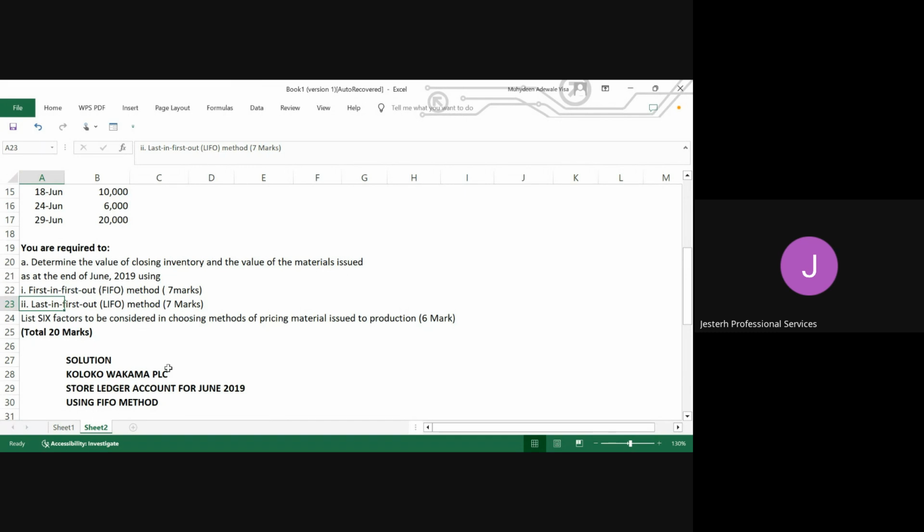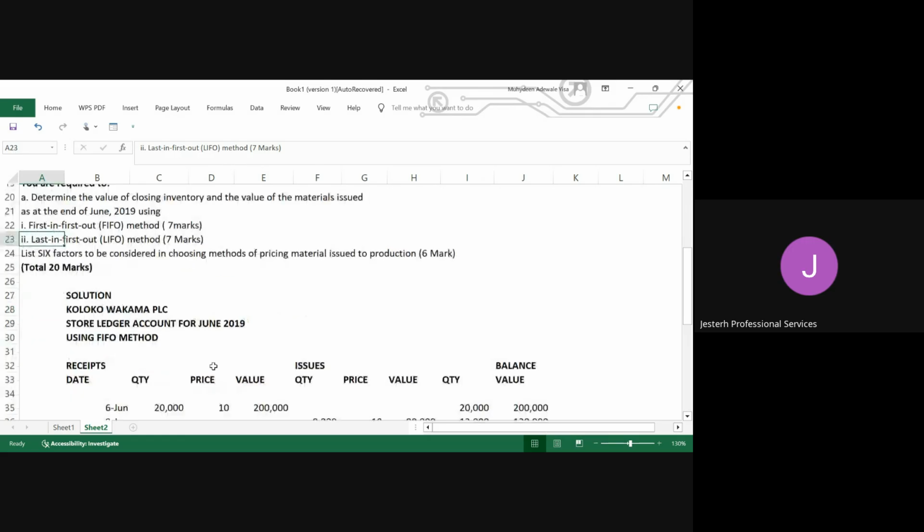Now you have 10,000 units before, and then you decide to purchase another 5,000. Consider that 5,000 units before you consider that 10,000. That is the approach. But the majority of organizations are not using this method.